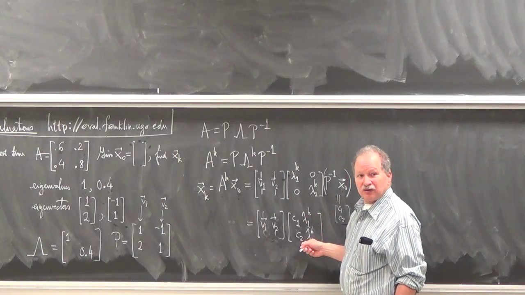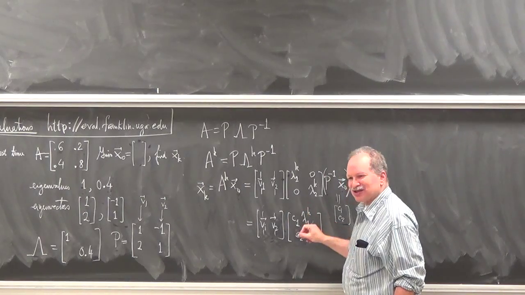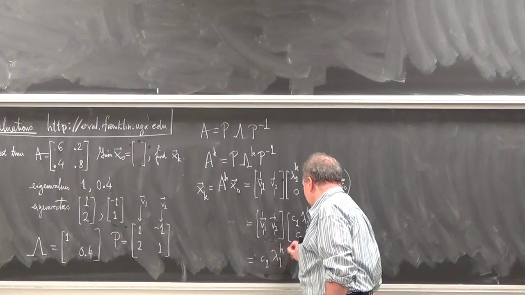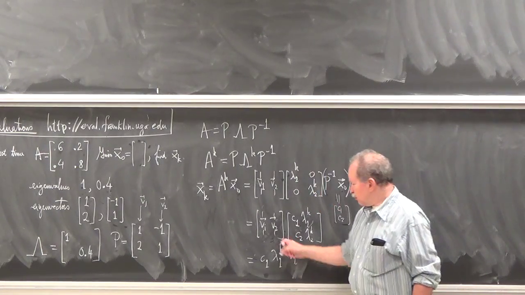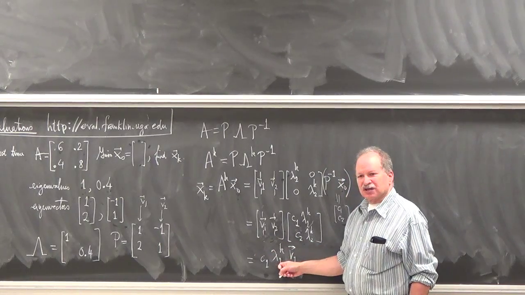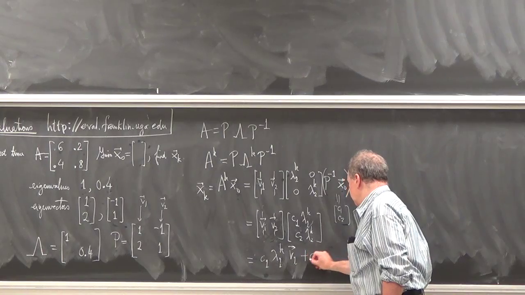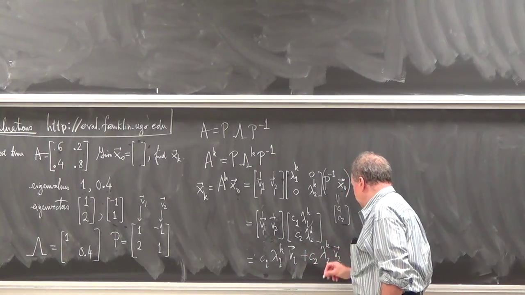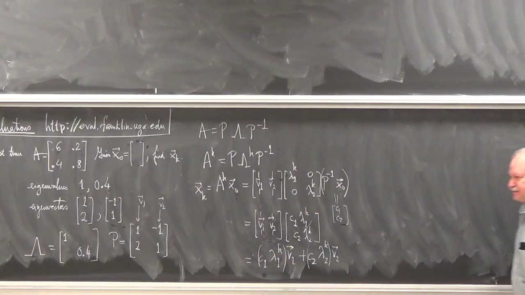What does that give you? A linear combination of the columns with those coefficients. So this is awesomely cool, because you're getting the first eigenvector multiplied by the first eigenvalue to the kth with an appropriate constant, plus the second eigenvector correspondingly multiplied by some constant times the second eigenvalue to the k.